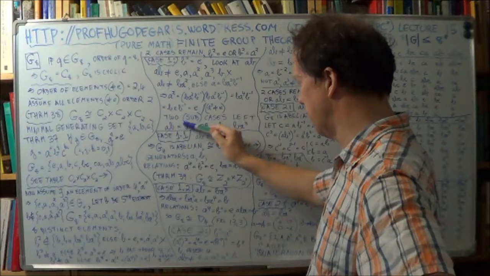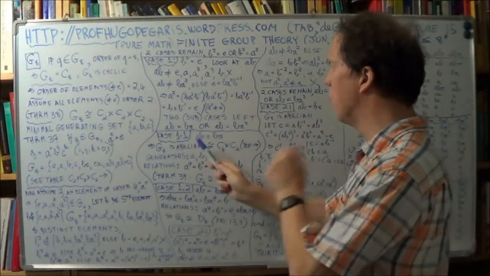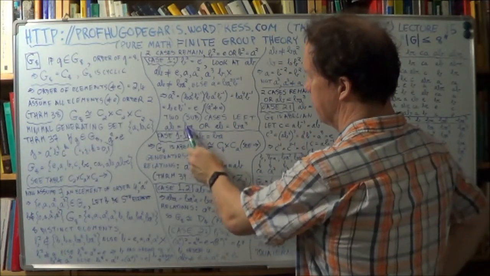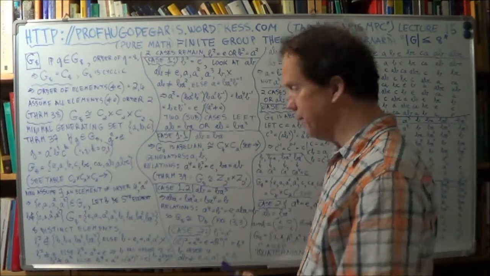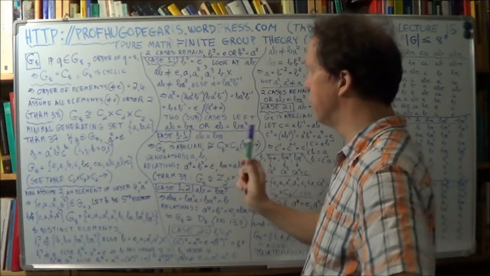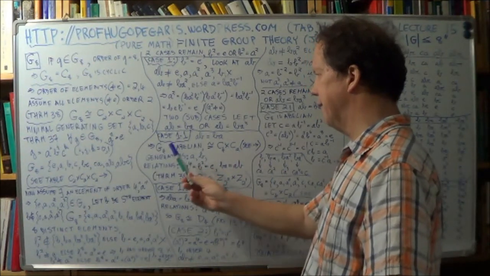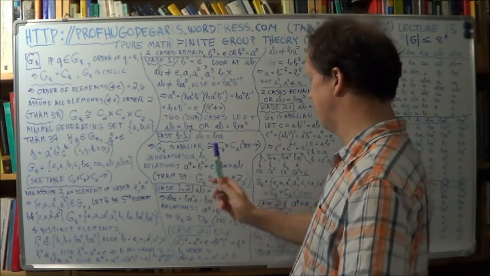So let's do this one now. So this is case 1.1. So AB is BA. That's commutation. So if that's true for any A or B, then your group is abelian, right?